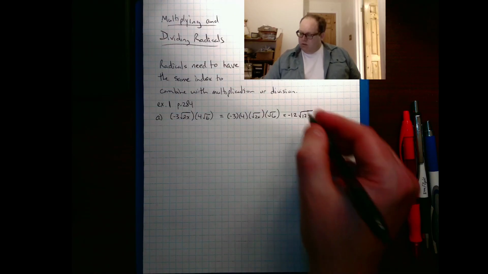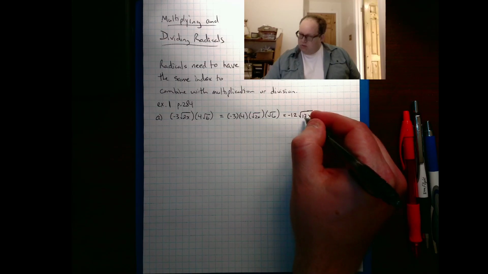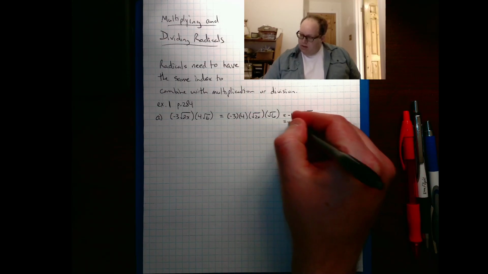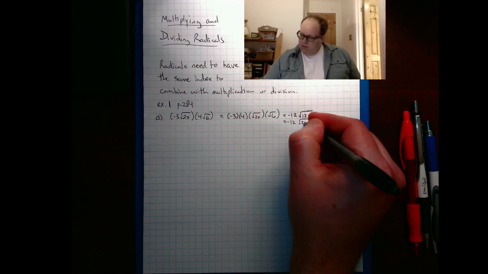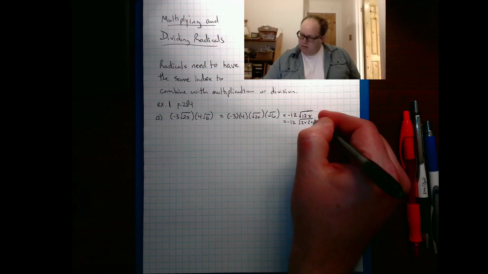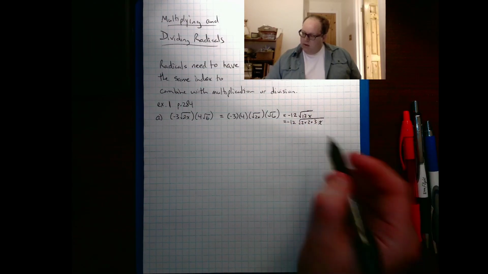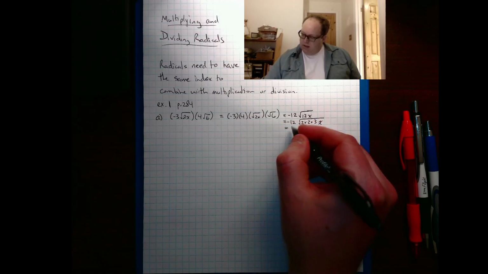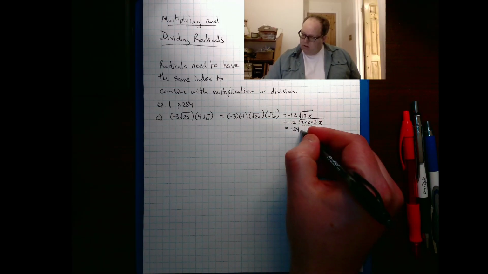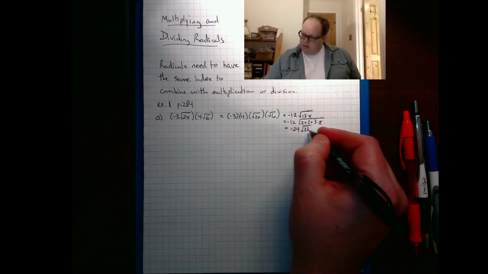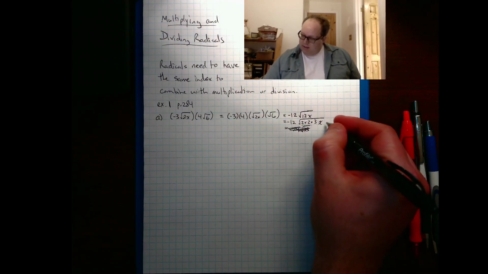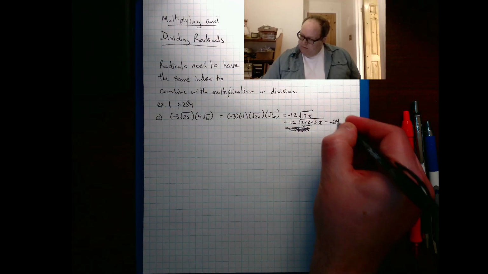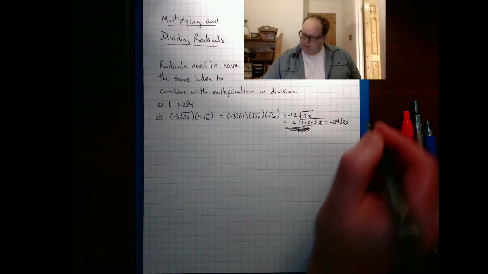This would reduce because square root of 12 is the same as the square root of 2 times 6, which is 2 times 3. And since the 2's show up twice, I could bring those out once and end up with negative 24 times root 3x, not root 33. That doesn't help me any. Negative 24 root 3x.